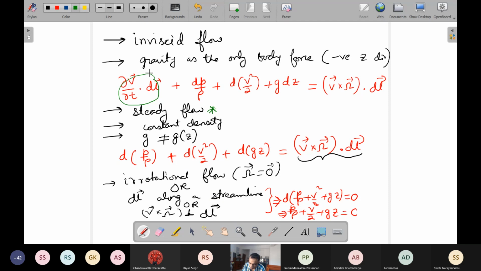So for the time being, we are considering constant density, but with a rider that it could be a bit less restrictive than constant density. Although if we say constant density, it safeguards everything.